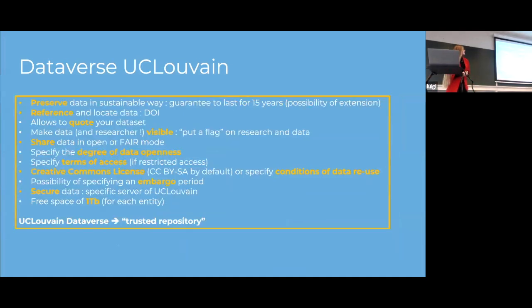What is the main advantage for a researcher to use Dataverse? Data will be preserved in a sustainable way, guaranteed to last as I just explained. A DOI is attributed to the data, so a persistent identifier. You can locate your data and it allows you to reference your data.